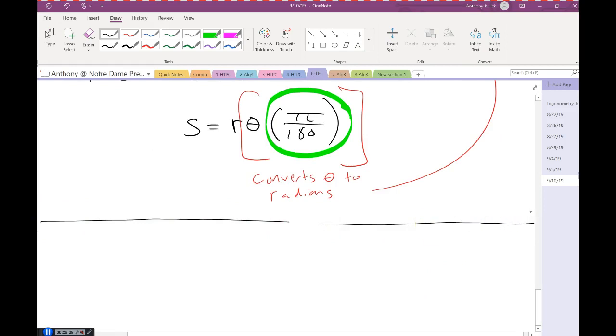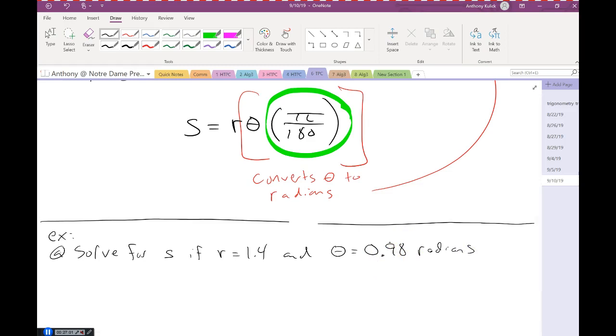Let's look at an example. So let's say we want to solve for S if R is 1.4 meters and theta is 0.98 radians.